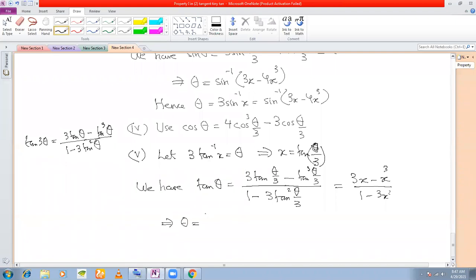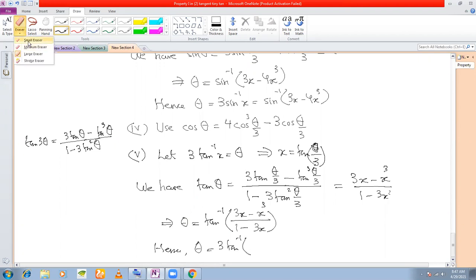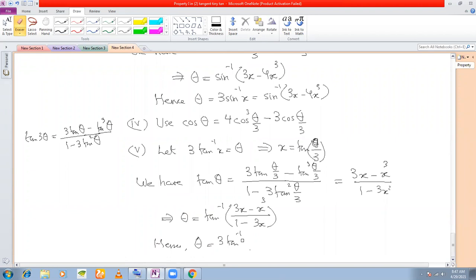Theta is equal to tan inverse of 3x minus x cube by 1 minus 3x square. Hence, we started with 3 tan inverse x and we finished at tan inverse 3x minus x cube divided by 1 minus 3x square. That finishes all your proof for this part. Okay, we stop here for today.